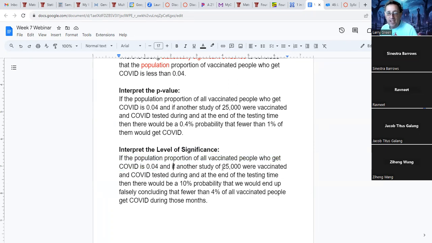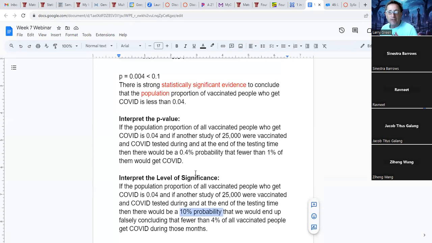And if another study of 25,000 were vaccinated and COVID tested at the end of the testing time, okay? So in other words, if you got another sample of 25,000 people and did the same thing, then there would be a 10% probability, that was our level of significance, okay? 0.1 is 10%.